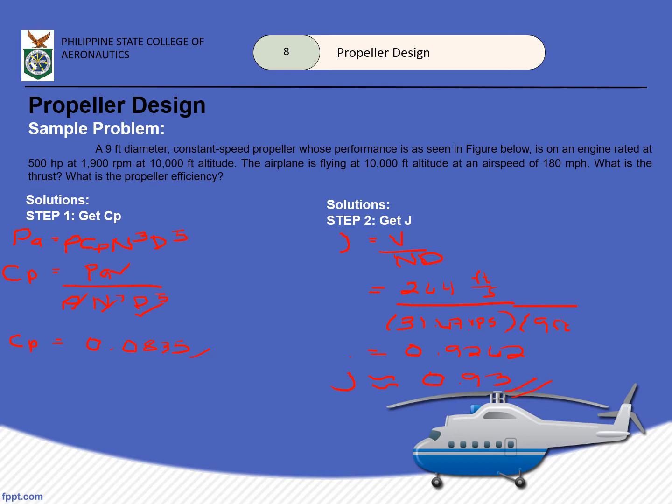Ma'am, why doesn't the answer need to be more accurate? Usually, we are asked to write everything on the calculator. But why do we keep it as simple as we can? Because our advance ratio will be used for identifying the value of our coefficient of thrust using a curve.